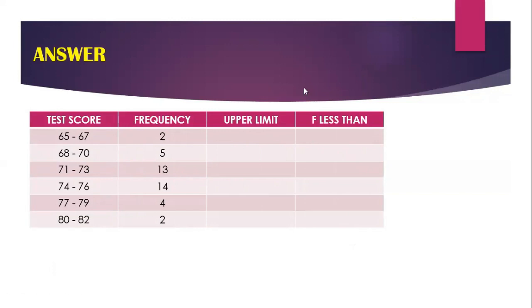The first class is 65 to 67, the frequency is 2, and the last data is 80 to 82, the frequency is 2. Now we're going to fill the table. Next we go to the upper limit, which is found from the right interval.